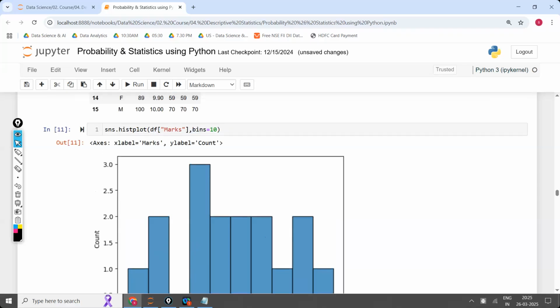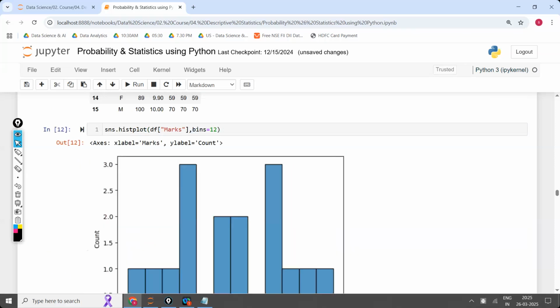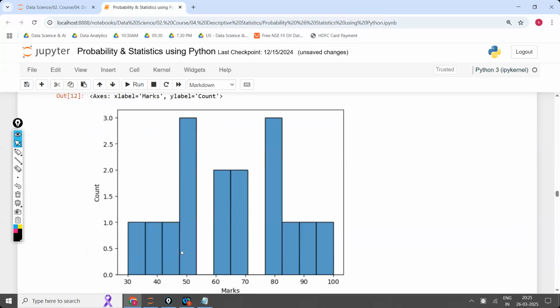Now, for example, if I take number of bins is equal to 12, how many are you going to get? 12. 1, 2, 3, 4, 5, 6, 7, 8, 9, 10, 11, 12. According to that, the interval size will be adjusted.